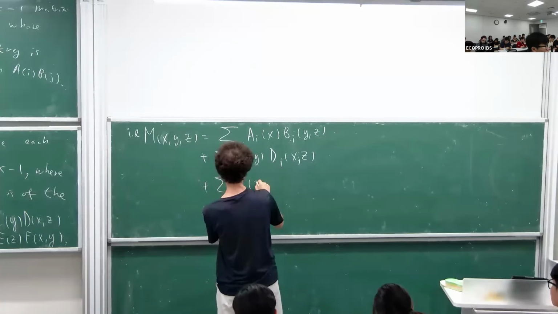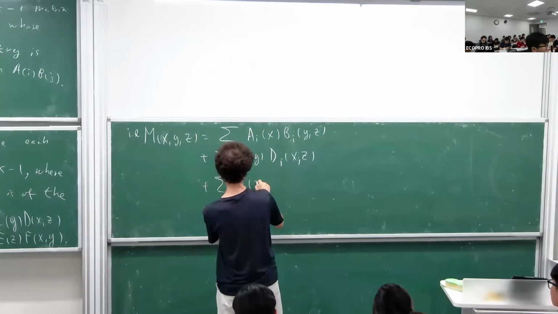So first, the easy direction. If I take the delta function, note that this tensor is d(x, y, z), which is just some constant if (x, y, z) is equal to (i, j, k), and 0 otherwise.